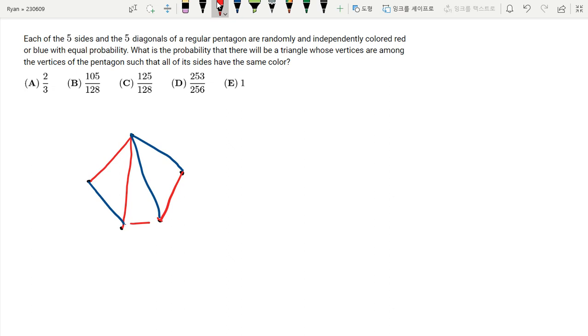So let's say this segment is red, and by making this red, this one should be blue, and if this one is blue, this one should be red, because there are two blue segments in the bottom triangle.